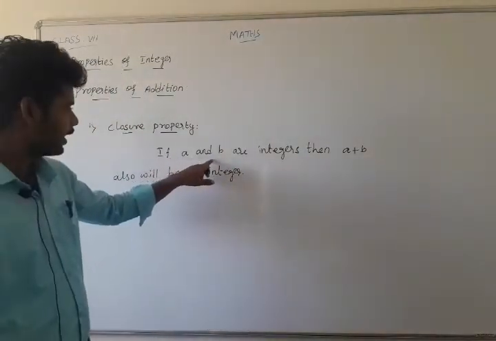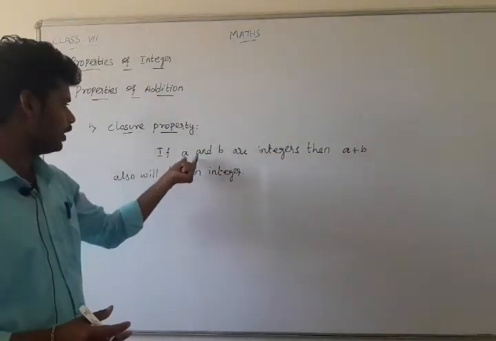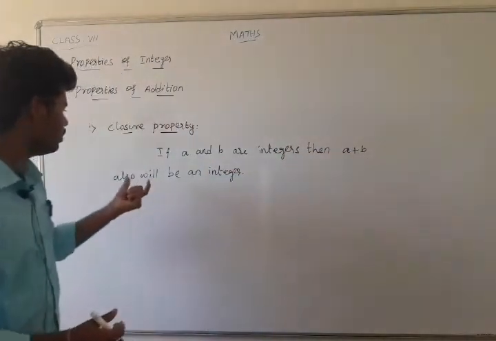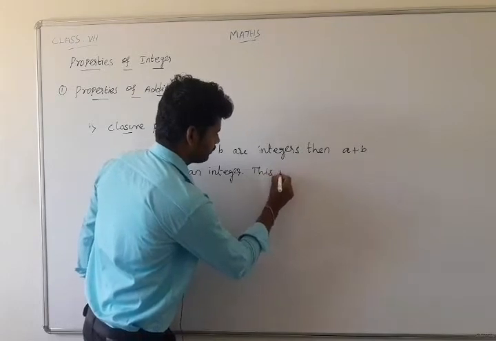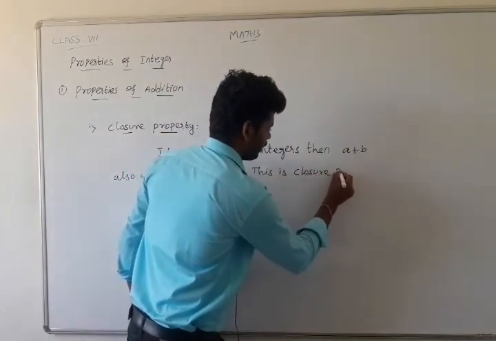If A and B are integers, you take two values A and B, add them, A plus B, and that also is an integer. This is the closure property.